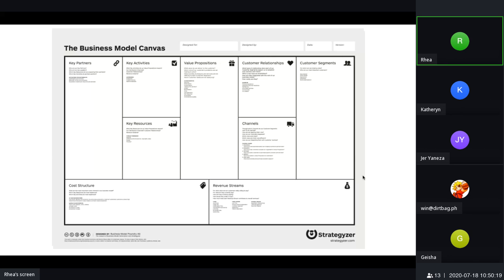So again, this is not exclusive to startups, because it can be created even by mature businesses who want to look at new aspects in their business. We are going to explain each of those items, so you need not worry.